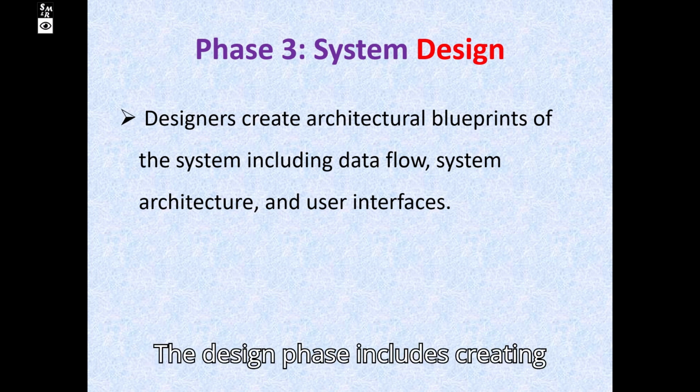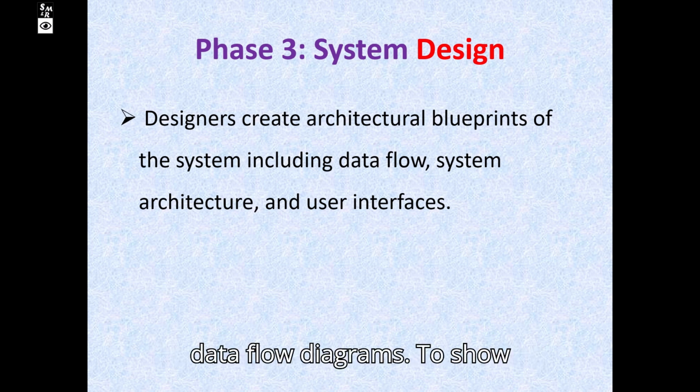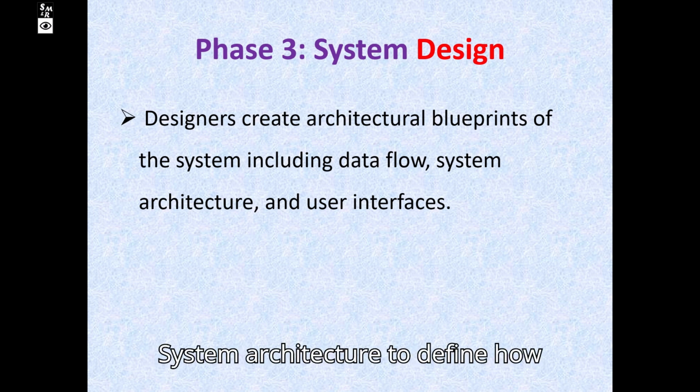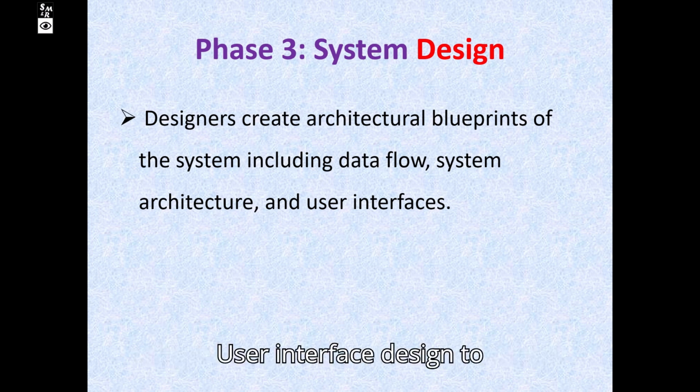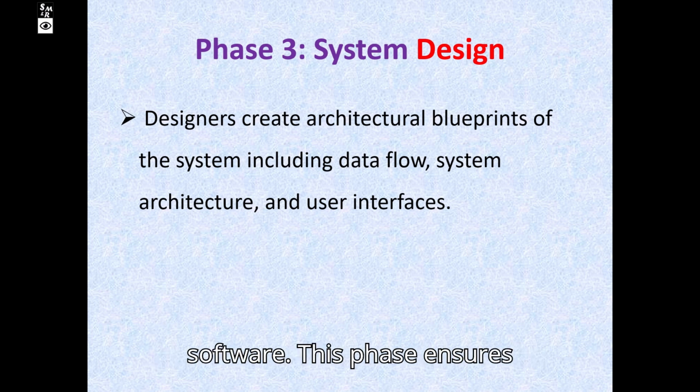The design phase includes creating data flow diagrams to show how data moves within the system, architecture to define how components and modules will interact, and user interface design to plan how users will interact with the software.